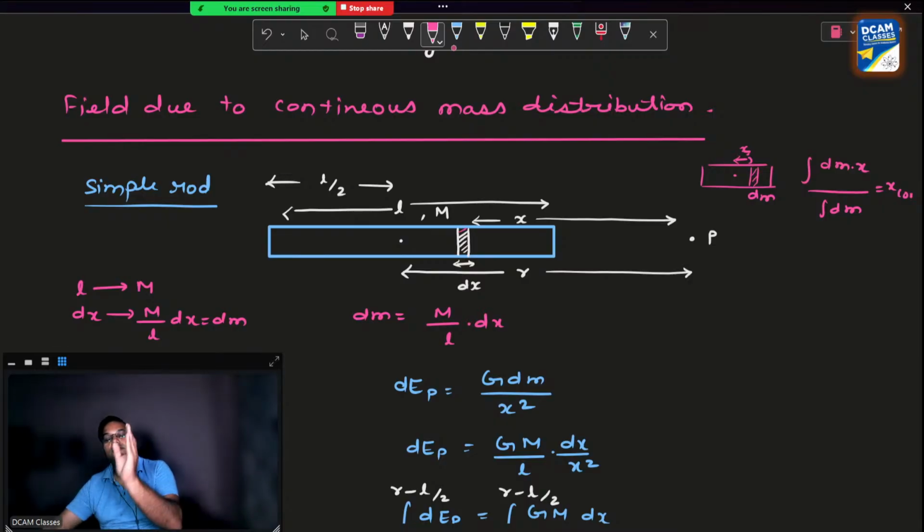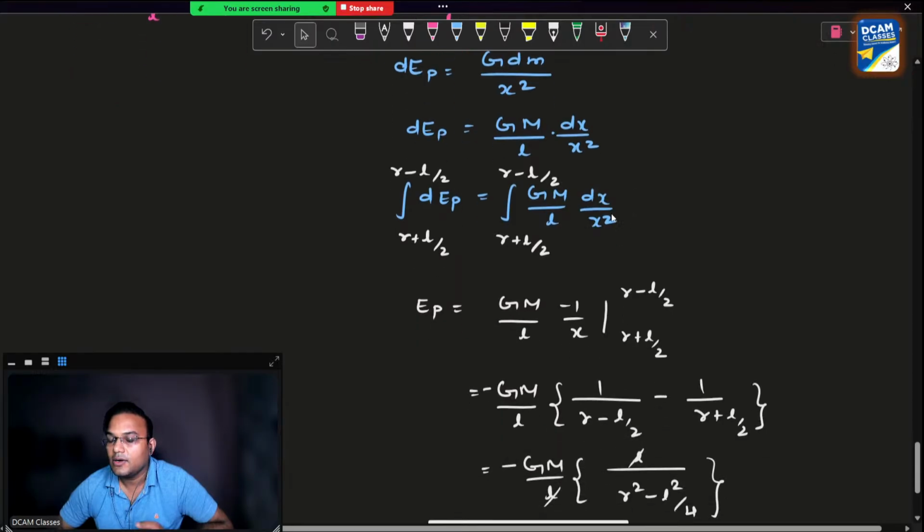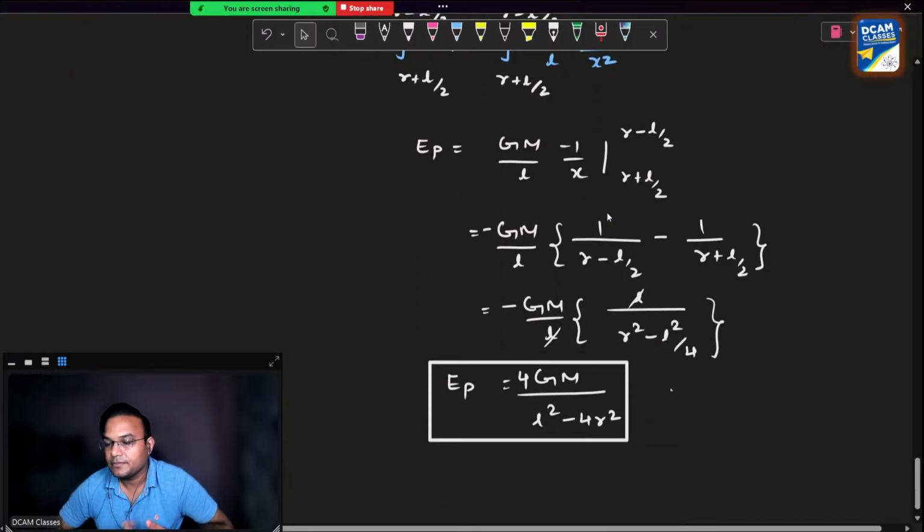Integrated means we have found out the field due to each such elemental mass at point P, and then we have added them. Okay, there is a huge difference between this, even though the process looks like the same.